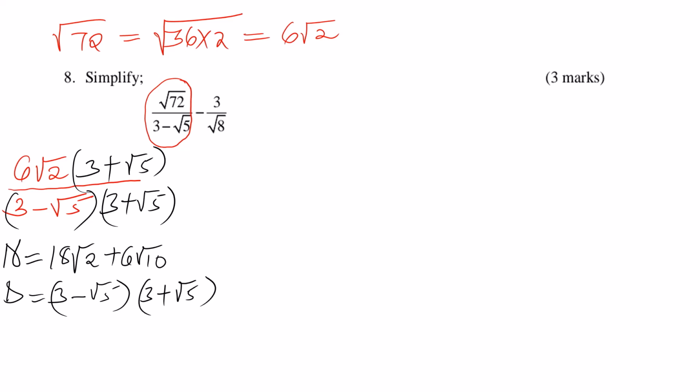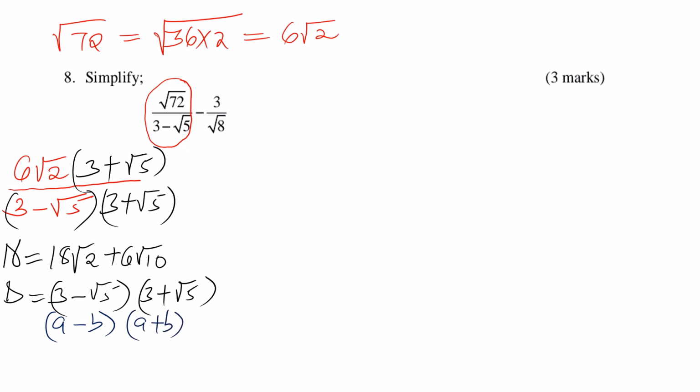So this is difference of two squares. Just to recall how we work out this, I'm letting 3 to be a, like that, and then root 5 to be b. So we have a plus b, a minus b.